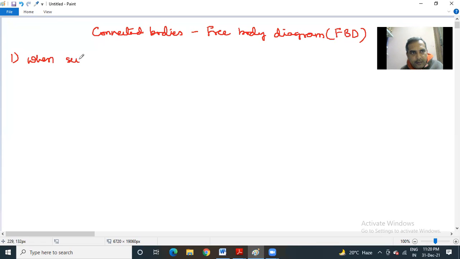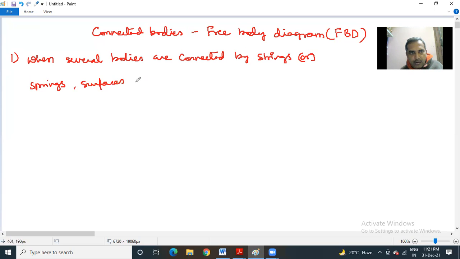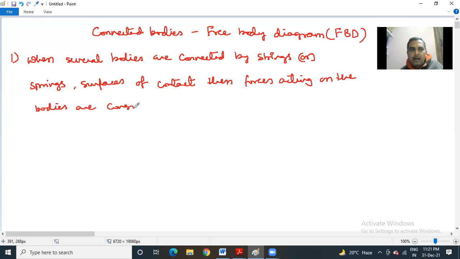When several bodies are connected by strings, or you can say springs, surfaces of contact, then forces acting on the bodies are considered and sketched.